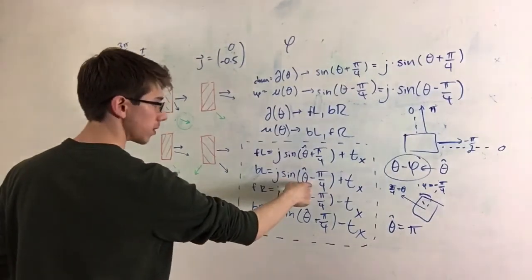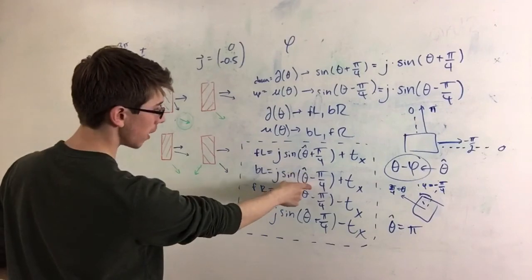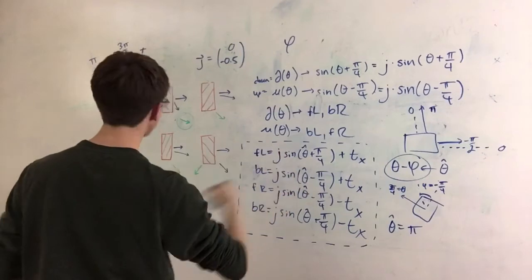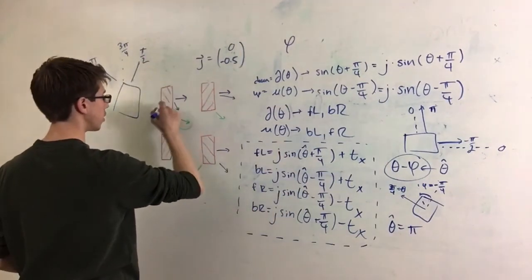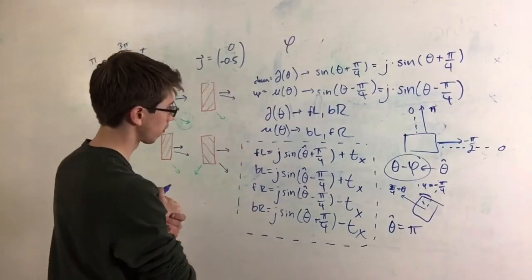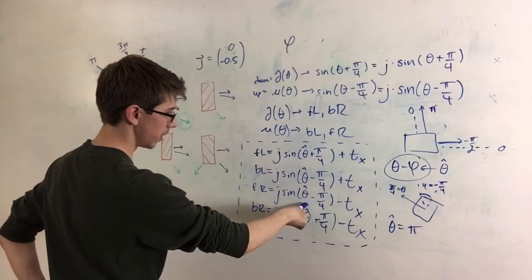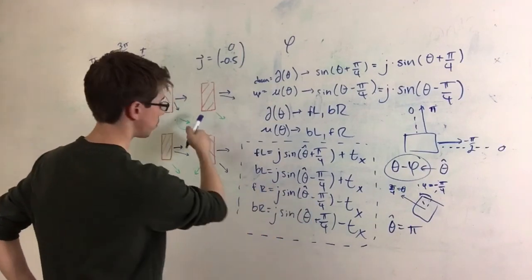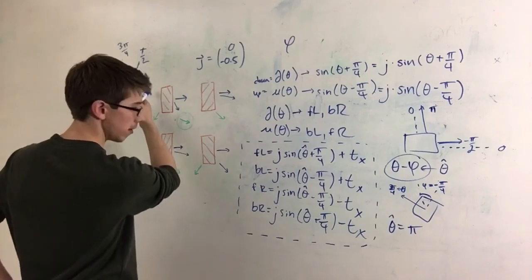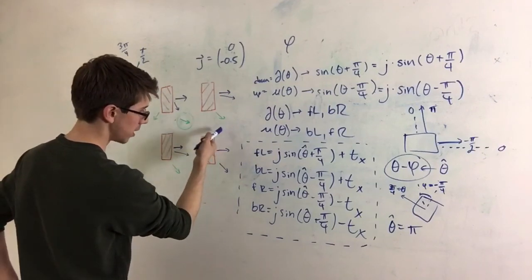Then pi minus pi over 4 gives us root 2 over 2. So we know that this is going to go in the negative direction, negative root 2 over 2. This is going to go root 2 over 2. This one is going to be negative root 2 over 2. So we have front right and back left going at root 2 over 2, and the front left and back right moving at negative root 2 over 2.